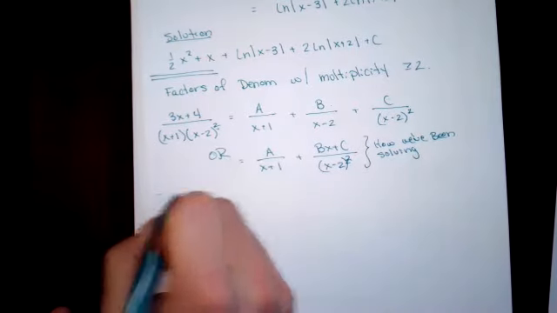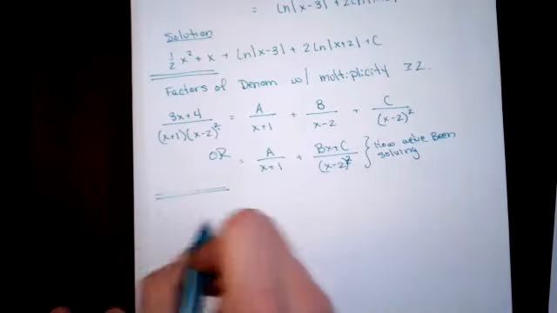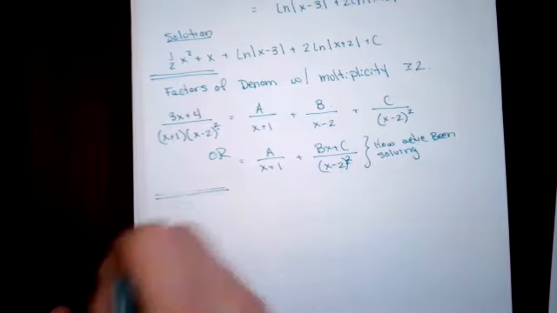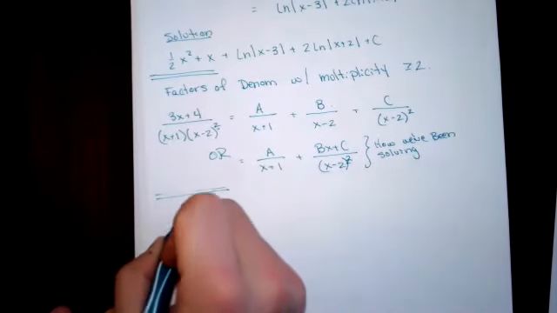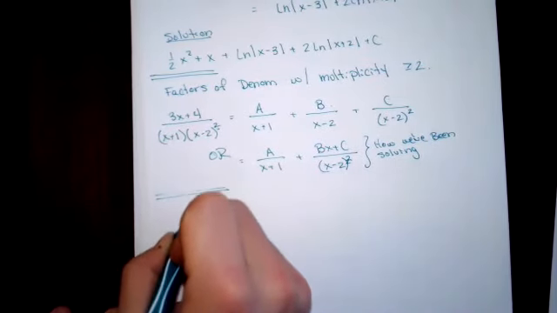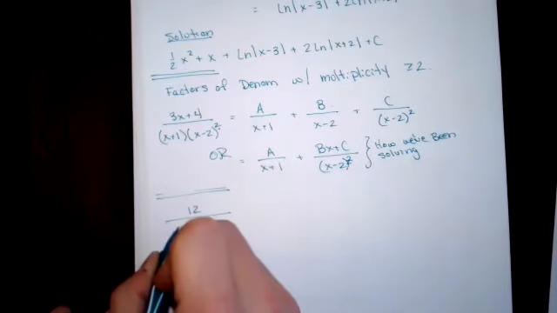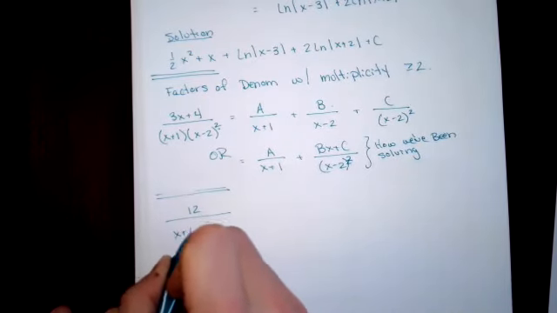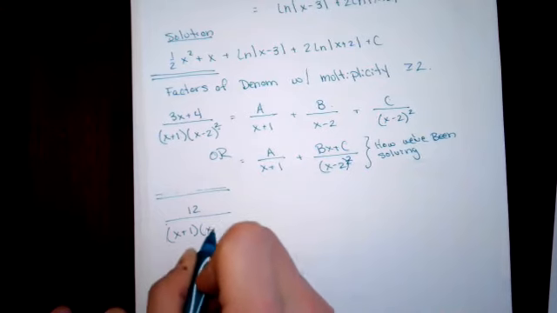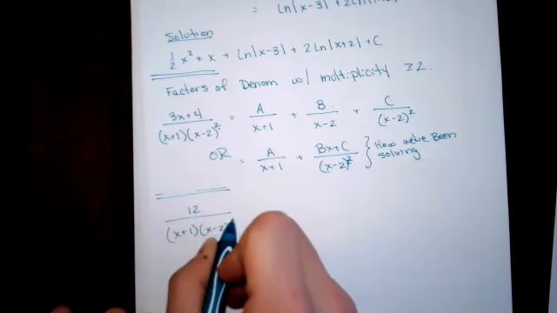Likewise, if I have something like, let's make up a numerator. Let's just keep the numerator as a constant. Let's say it's 12. And the denominator is something like (x + 1)(x - 2) cubed.